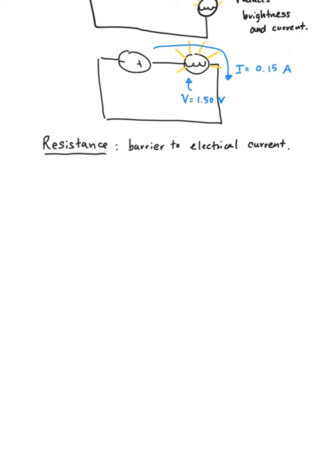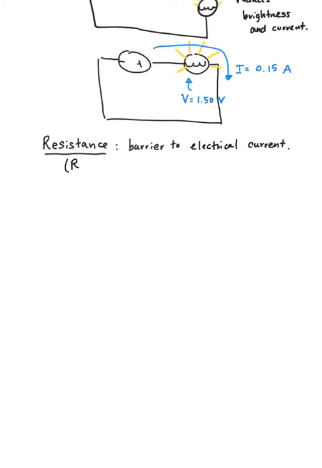All real materials provide some resistance or barrier to an electrical current's flow. This idea of resistance is the key portion that it takes to tie together the concepts of voltage and current in electrical circuits.